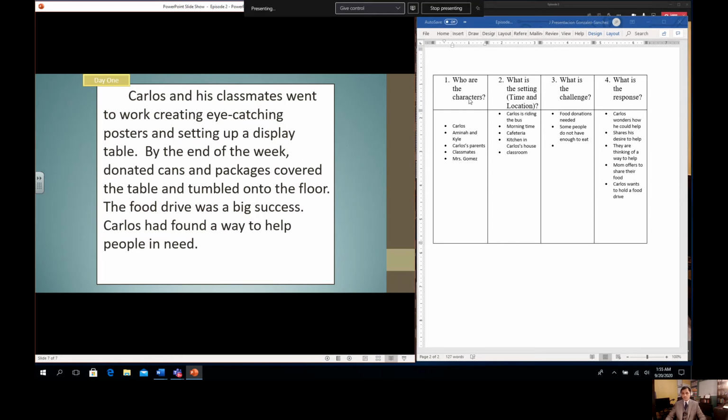So we need to look back to our challenges that were identified, food donations needed because some people do not have enough to eat. So now we have the final response to the problem. And that was, or that is, the food drive. Food drive was successful. And that was the response to the problem.